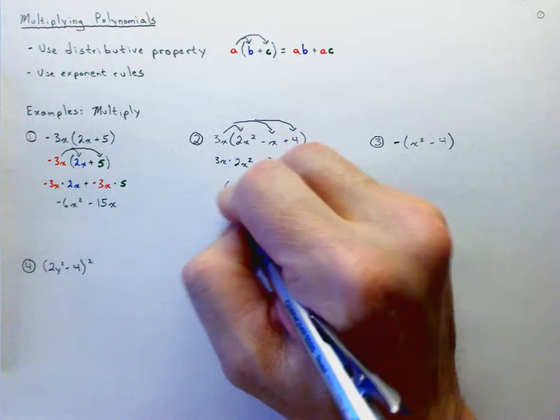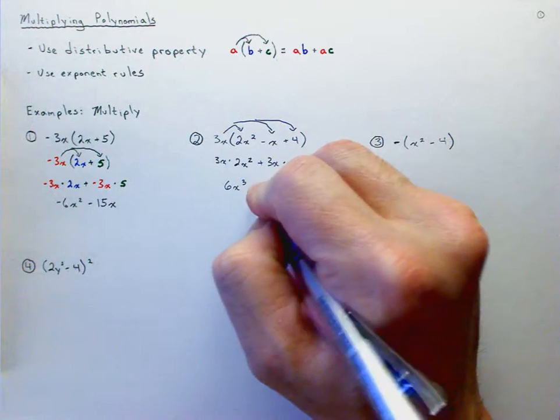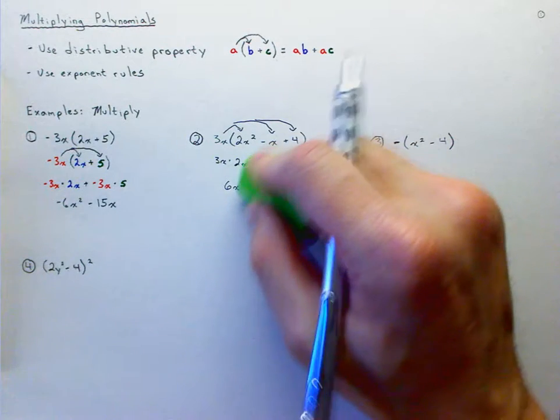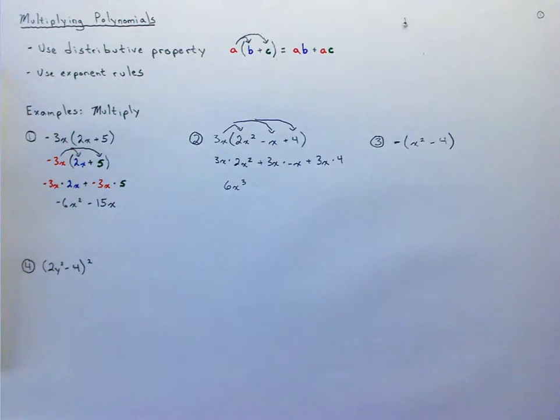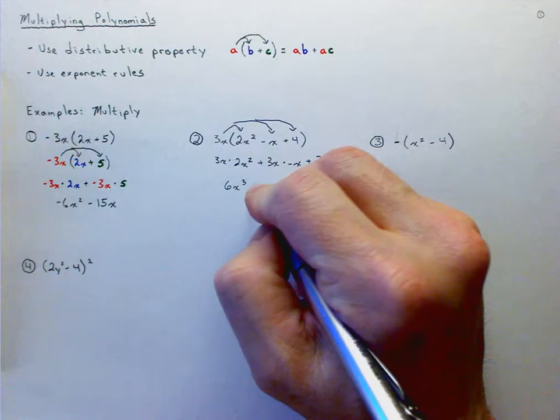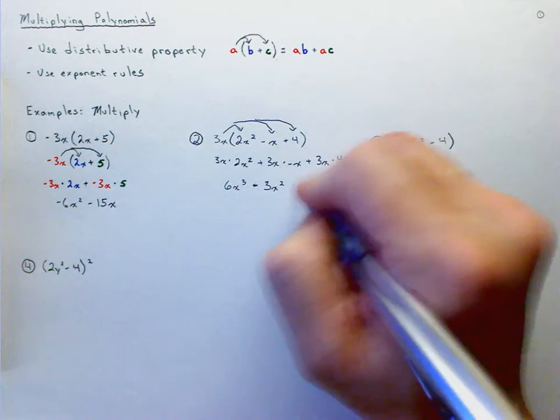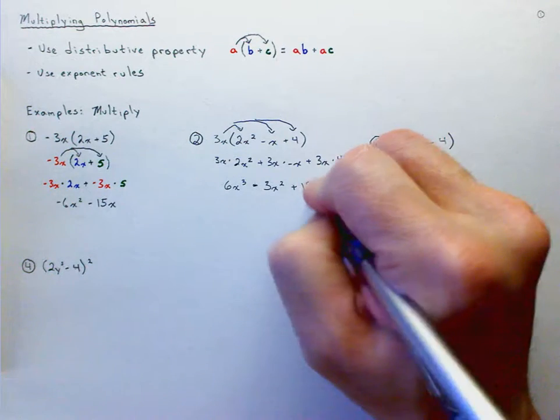This gives me 6x cubed, and instead of plus a negative number, I just like writing minus 3x squared plus 12x.